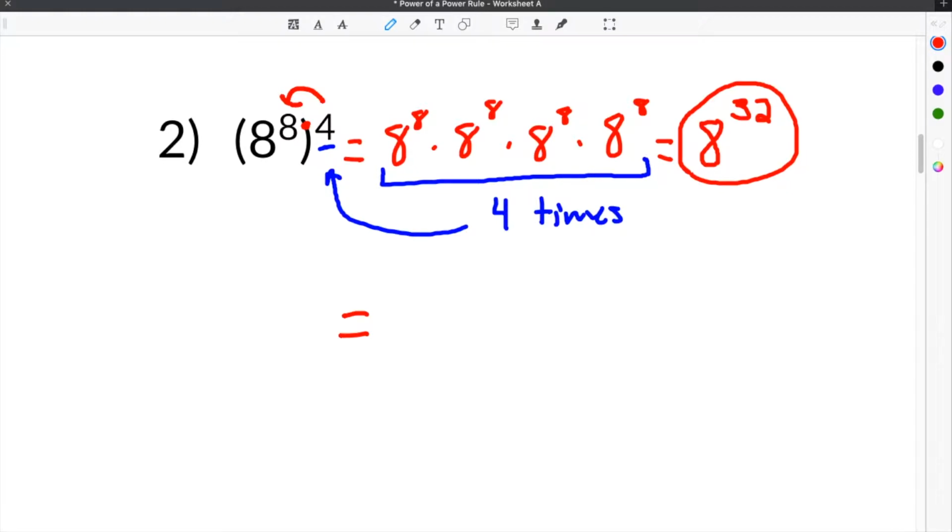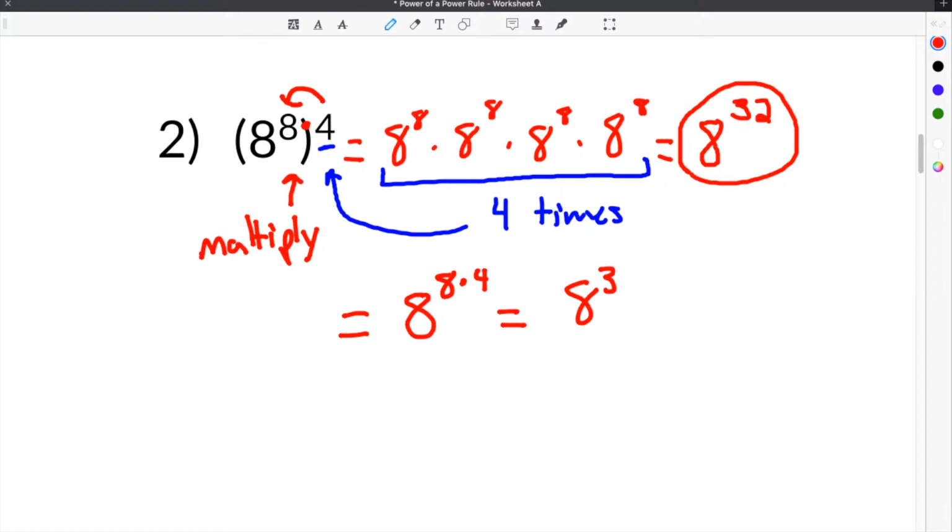And the shortcut for the power of a power rule for exponents is to do just that. It is to multiply. So in the case of this problem, 8 to the 8th raised to the 4th power, you can do 8 to the 8 times 4, which would be 8 to the 32nd power. And that's the same answer we got in our first step.